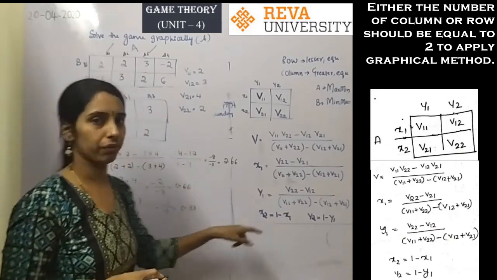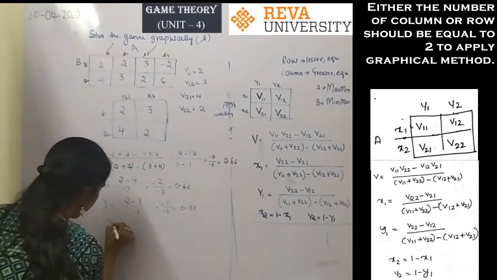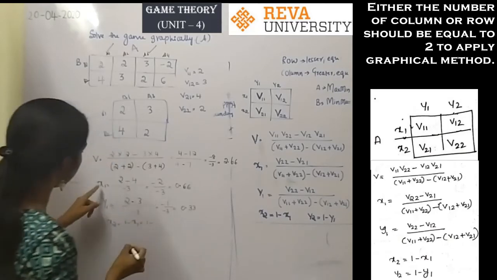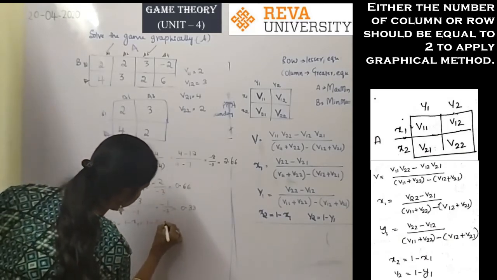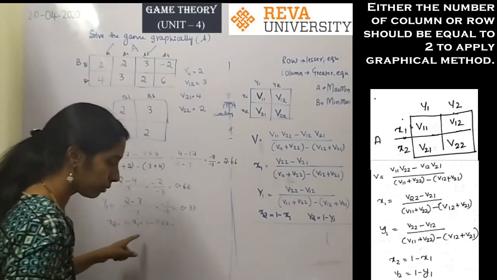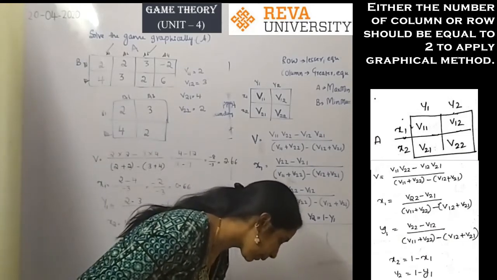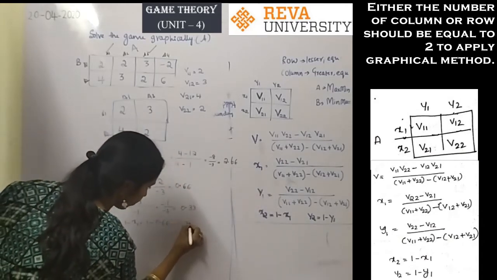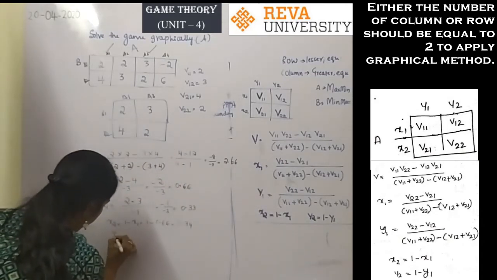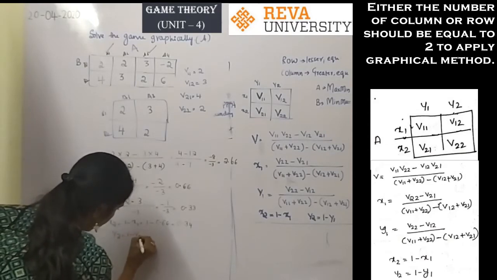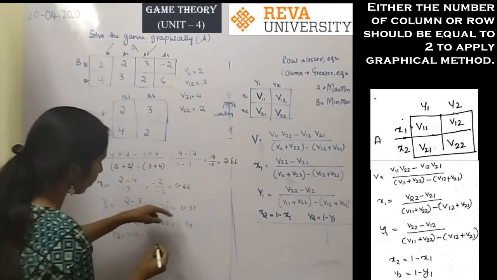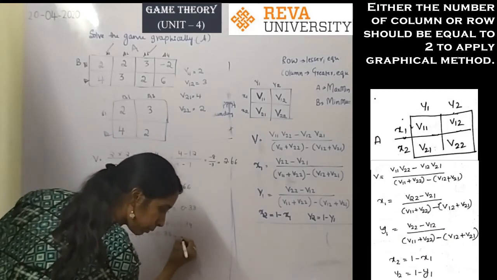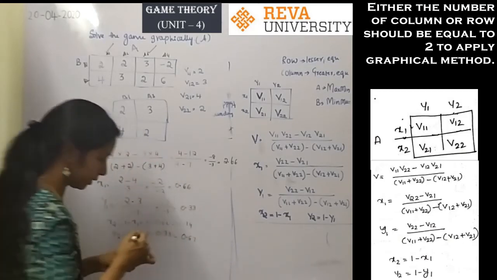Find out the value of x2. x2 equals 1 minus x1. What is x1? 0.66. 1 minus 0.66 will be 0.34. Then y2 will be equal to 1 minus y1. 1 minus 0.33, so the y2 value will be equal to 0.67.